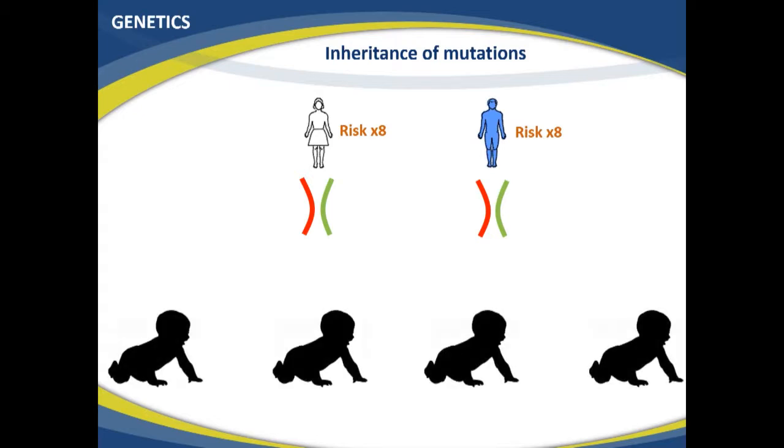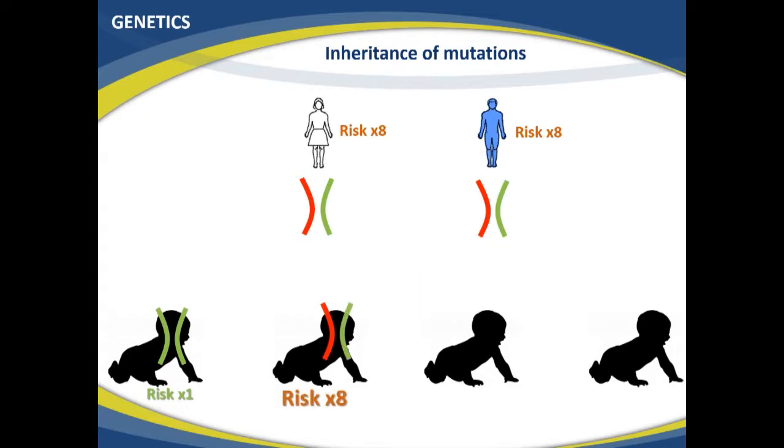Now, again, just like with the X and the Y chromosome, they're going to pass on 1 chromosome by chance. So if the healthy chromosome or the healthy gene is passed on, this child will have a normal risk of thrombosis. In this case, the baby inherited 1 broken gene from mom, but a working gene from dad.